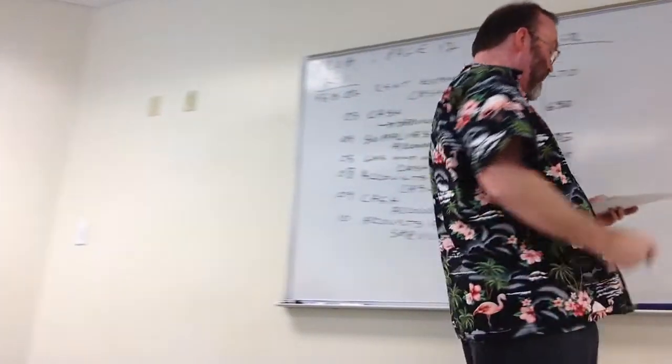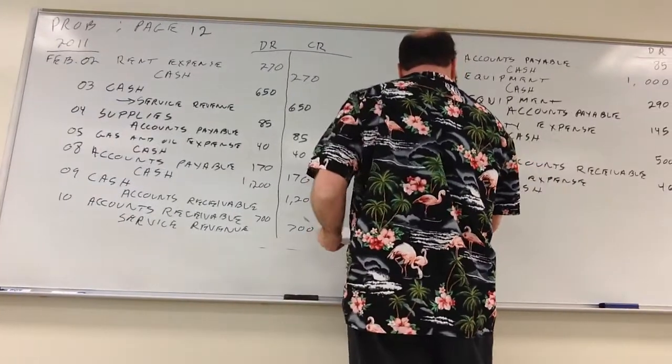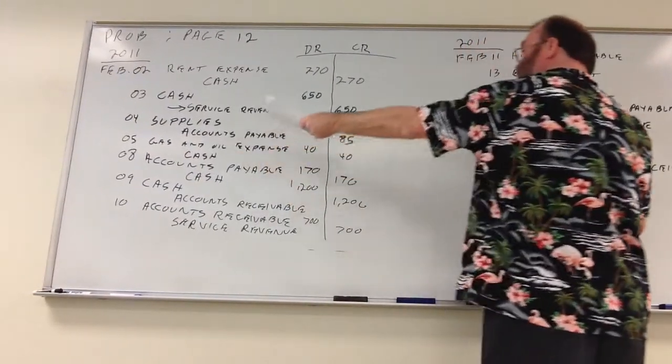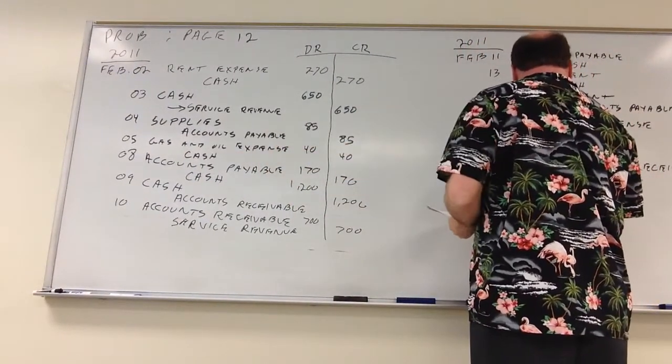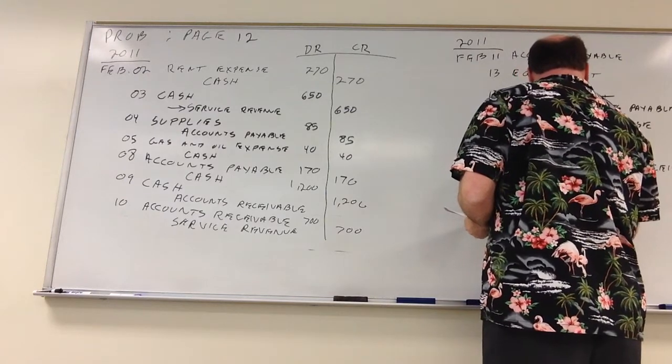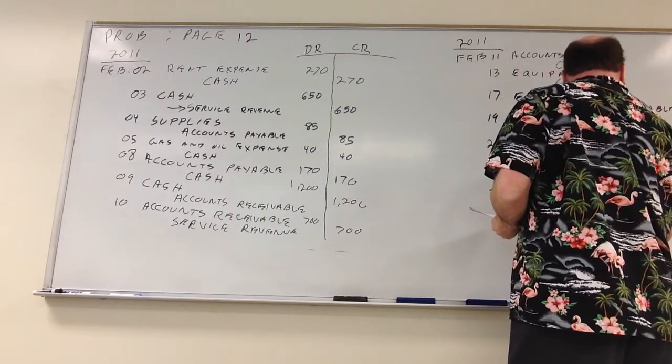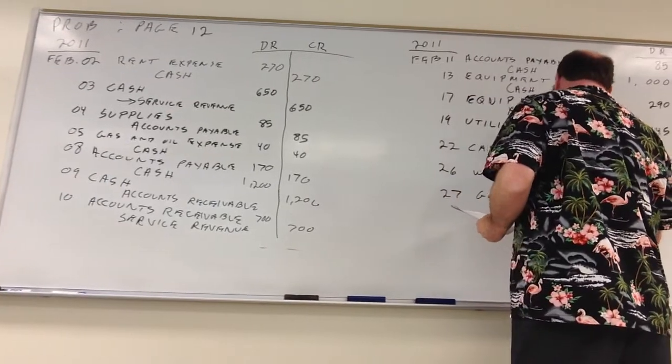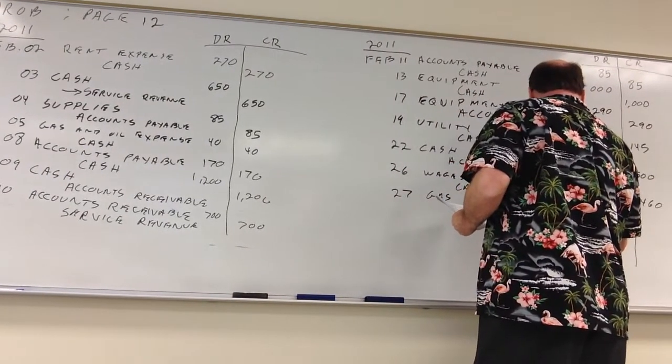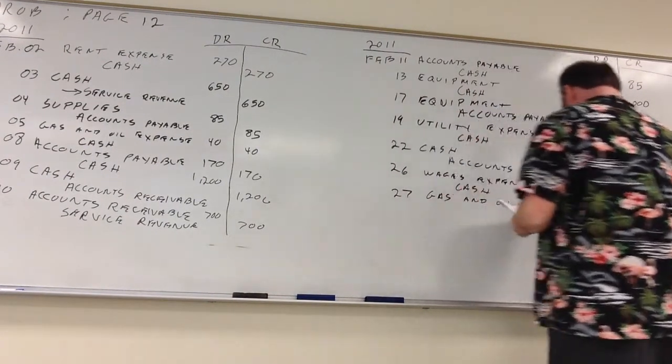27th, purchase gas and oil for the bus on account, $325. So we've already used it, the gas and oil expense. Is it cash? Accounts payable.